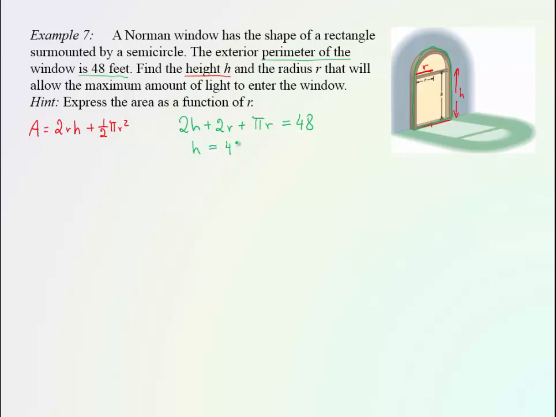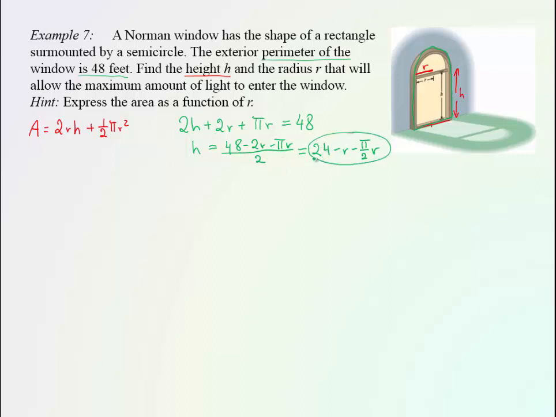So that will be 48 minus 2r and minus pi r, and then divided by 2. This could be simplified a bit. It could be written as 24 minus r and minus pi half r. So that's our substitution expression.